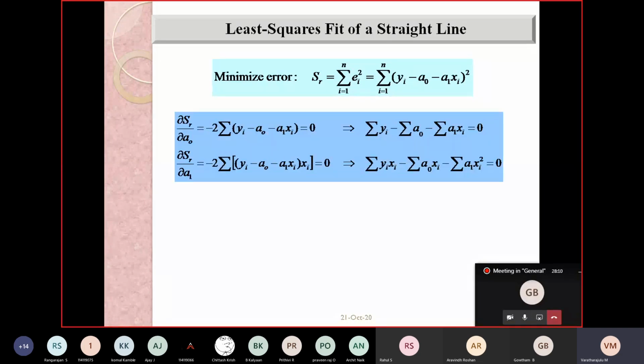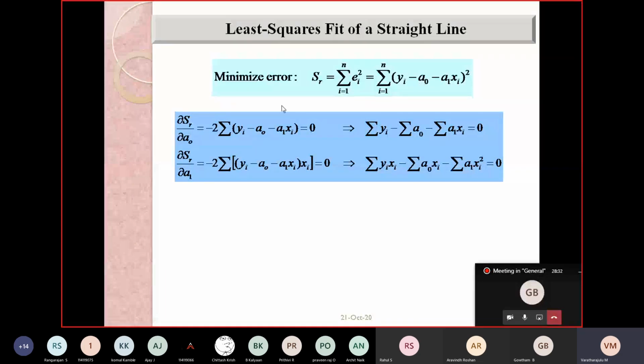By doing the partial differentiation with respect to the two constants, a0 and a1: for a0 we have the coefficient of -1. Assume this as x square, we will get 2x, and the term considered as x has to be differentiated again and we'll get minus.